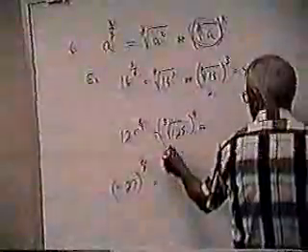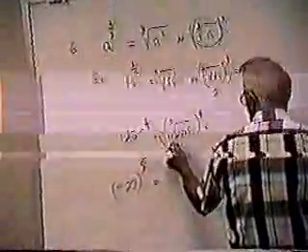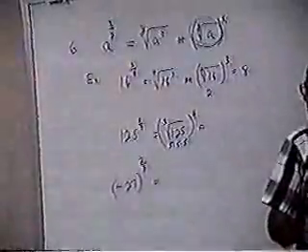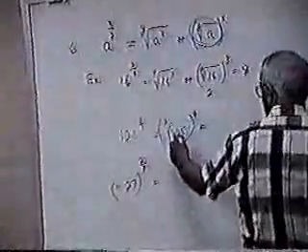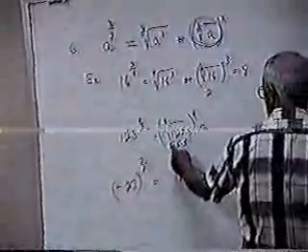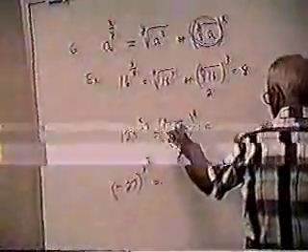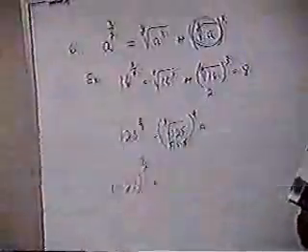So what number can I write down here 3 times that will give me 125? The answer is 5. The cube root of 125 is 5, because 5 times 5 times 5, 3 of them, gives me 125.